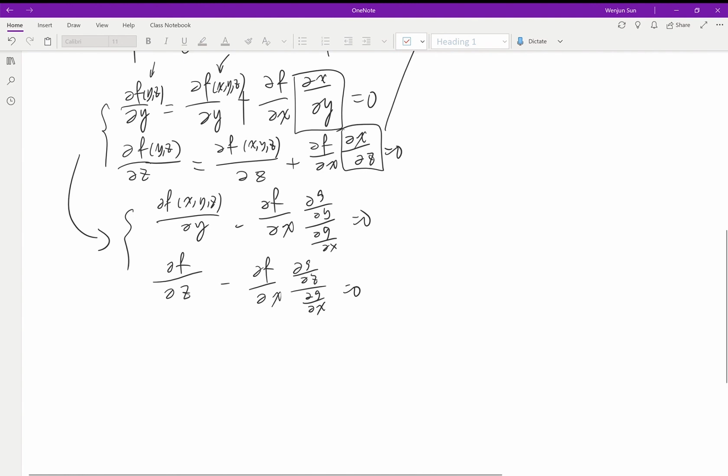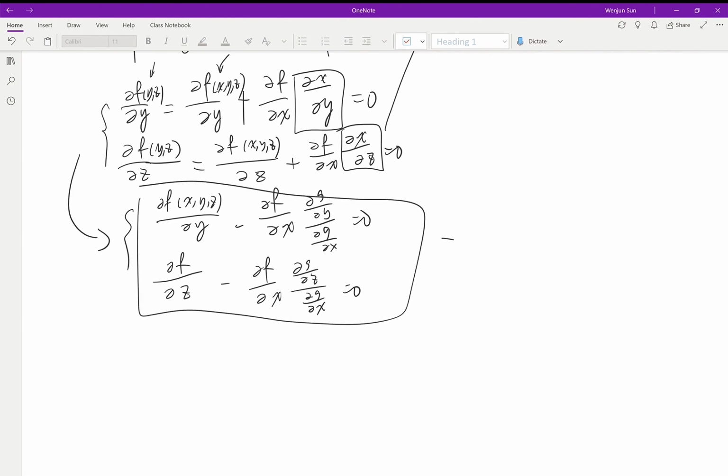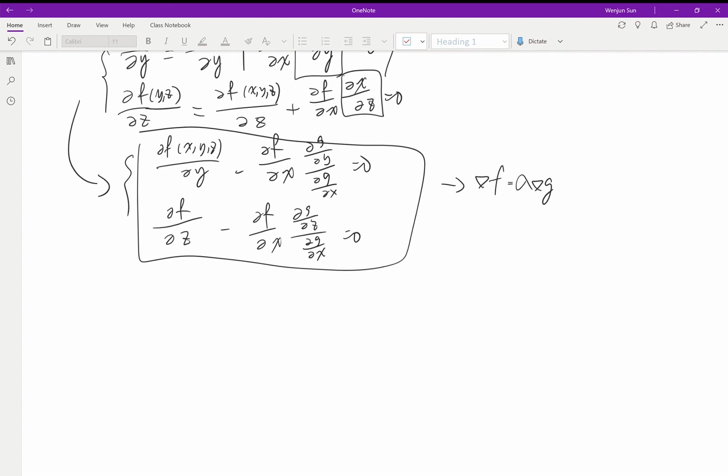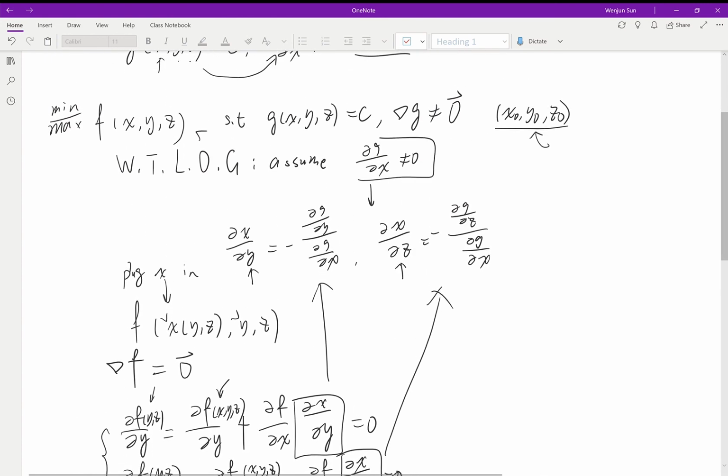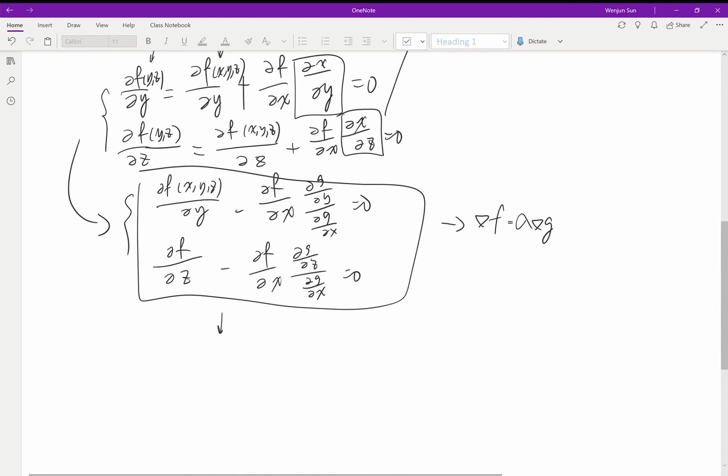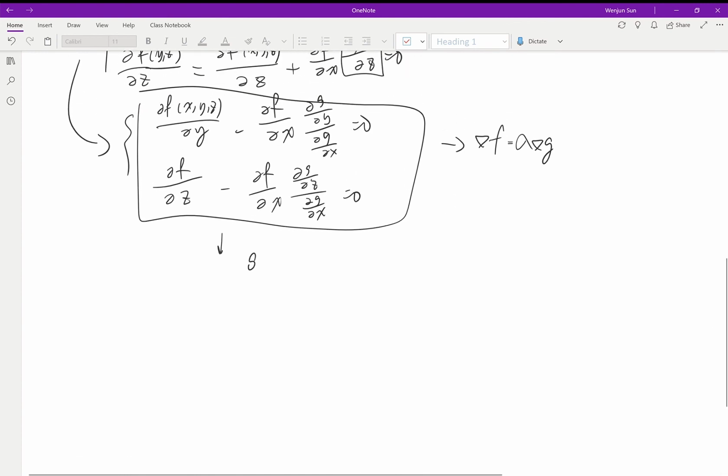We're just going to simplify. Somehow we're going to simplify this into a condition like gradient f equals lambda gradient g for some lambda, right? And then the way to see it is since we made the assumption here that del g over del x is not 0, I'm going to utilize that. These are ultimately just numbers, right?